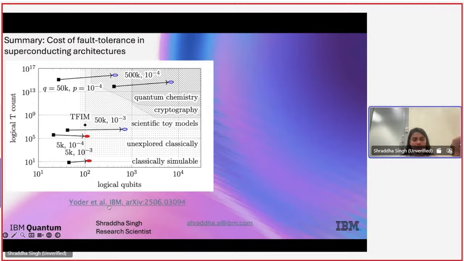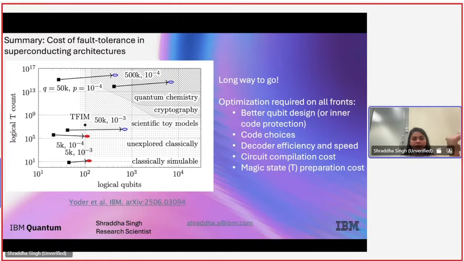I would recommend looking at this figure in detail in this paper to see the comparison between surface codes and LDPC codes. Given these slides, I would like to emphasize that not all is solved. There are a lot of things that we need to do better at. For example, this paper shows that in spite of lowering the qubit overhead, the time taken by the LDPC compilation of circuits is actually 10 times worse than the surface code case.